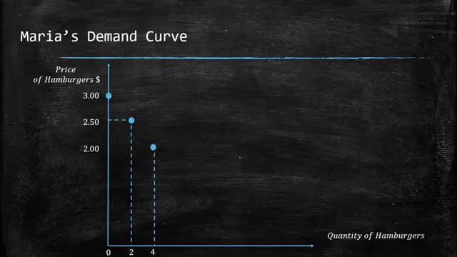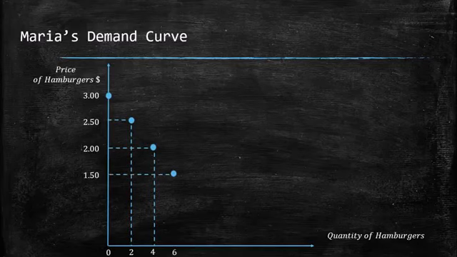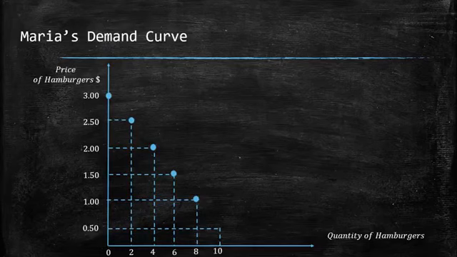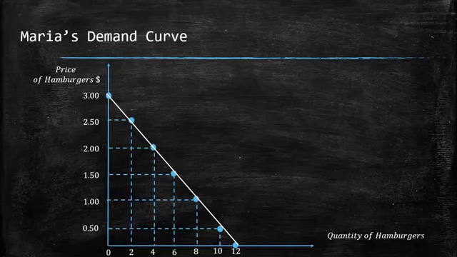At the price of $2, 4, then 1.50, 6, then 1, 8, then 0.50 cents, 10, and with the 0 price, 12. So this is the demand curve, and we realize that it is downward sloping. This is the law of demand that we said before.